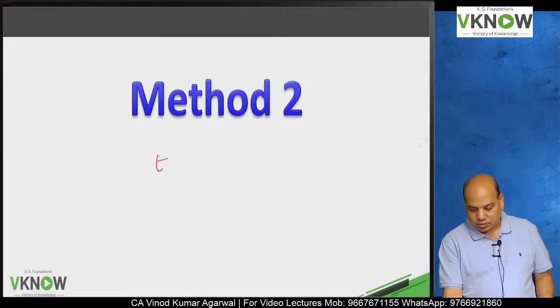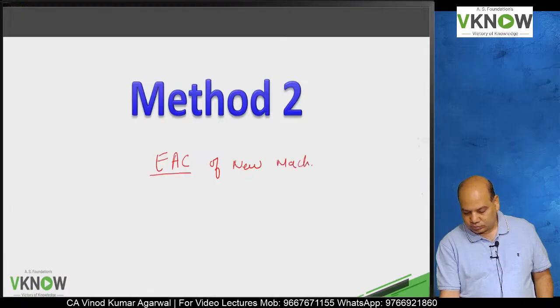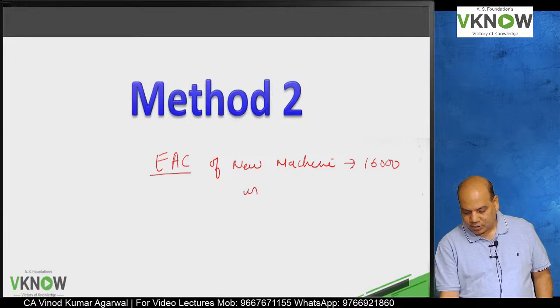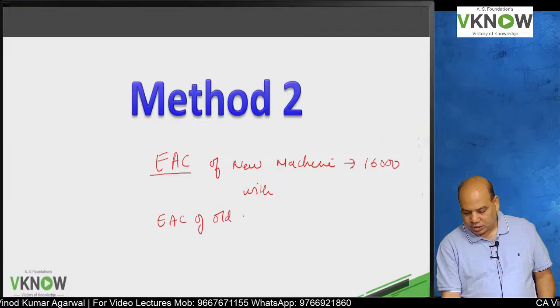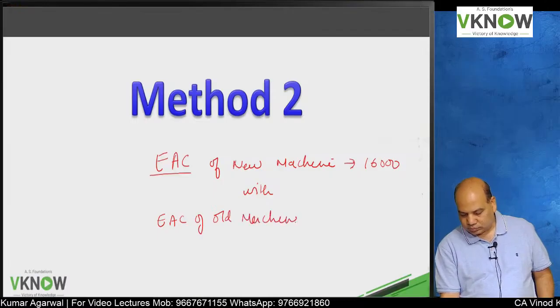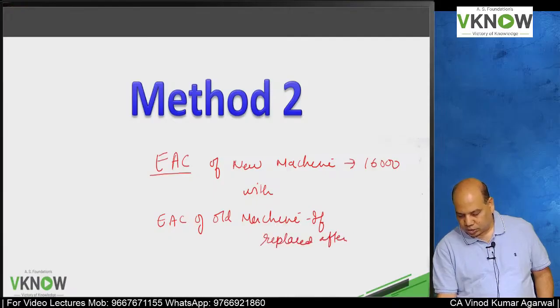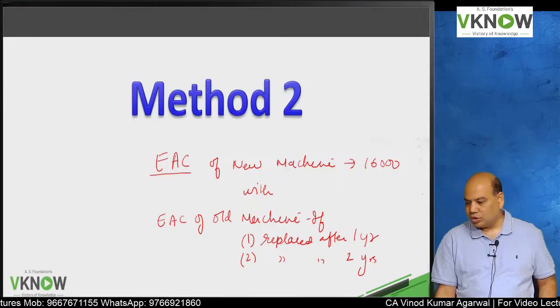We will compare the EAC of the new machine, which is 16,000, with the EAC of the old machine if replaced after 1 year and if replaced after 2 years.